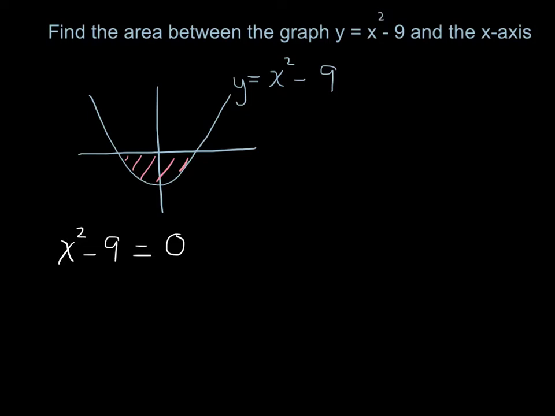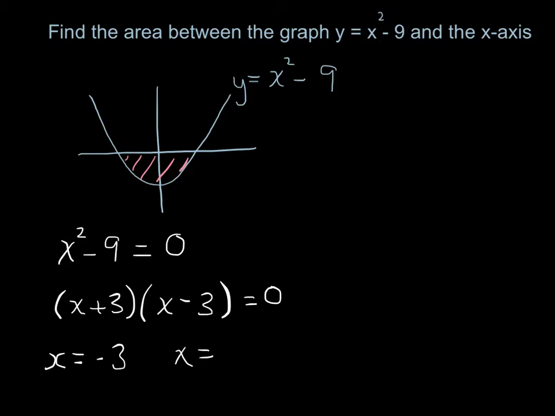So to solve this, you should recognize that this will factorize as the difference of two squares into x plus 3, x minus 3 equals 0, which is going to give us two x answers of x equals minus 3 and x equals plus 3. So this must be minus 3, this must be at plus 3.